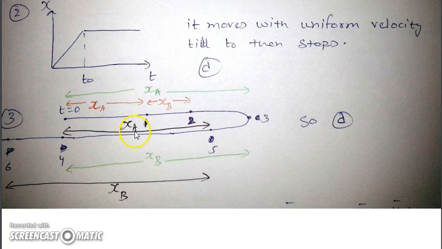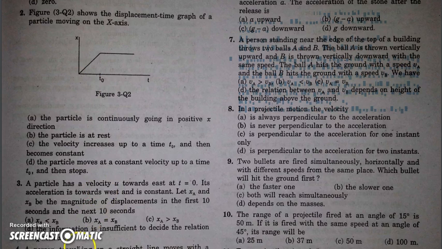So xa will be smaller than xb. So we cannot find which option we can take. So option D, that the data is insufficient, should be the answer.